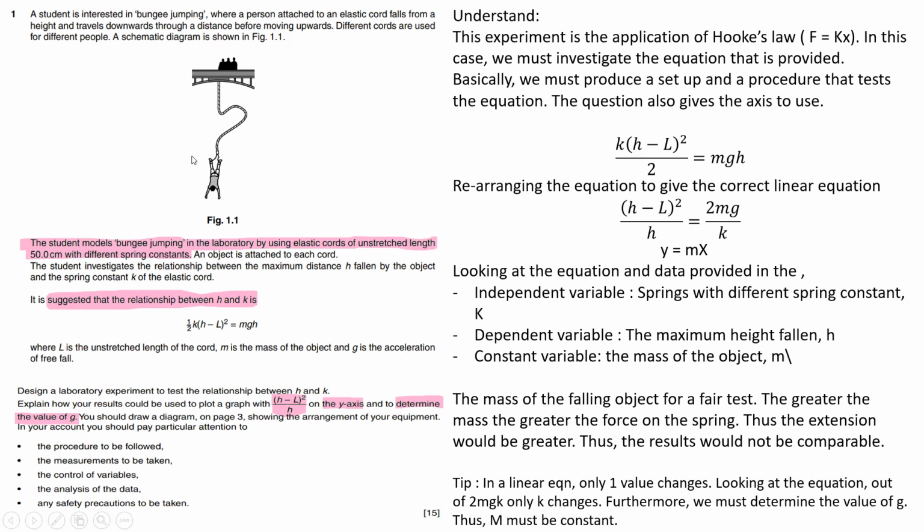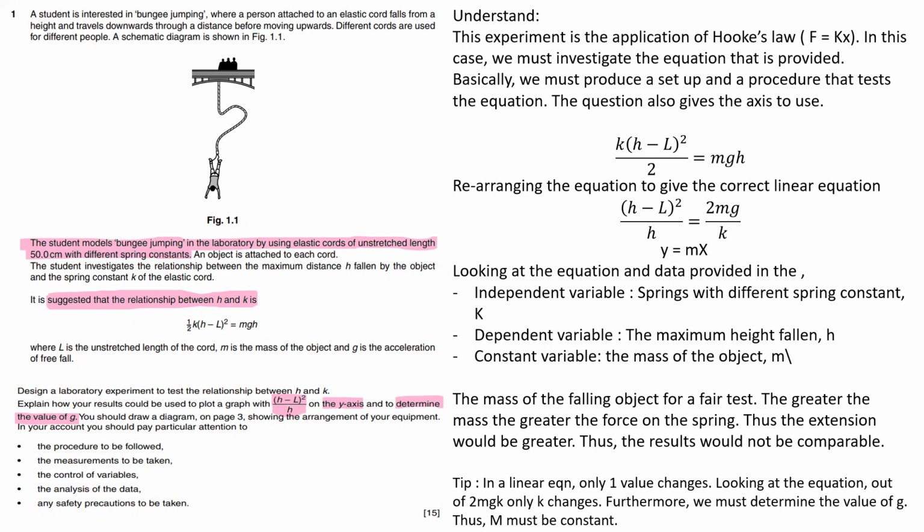So you could either get a laboratory diagram that consists of apparatus found in the laboratory, or a general diagram like this, which shows a boy jumping off a bridge with a bungee cord attached to him.